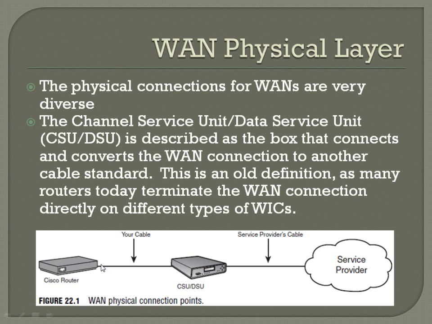What happens most of the time now is that the CSU/DSU and the Cisco router are combined into one unit, or at least the CSU/DSU will be a card that you can swap, a WIC that you can swap in and out of the Cisco router, so that it basically terminates directly on your equipment rather than having this additional piece of equipment that could be another point of failure.